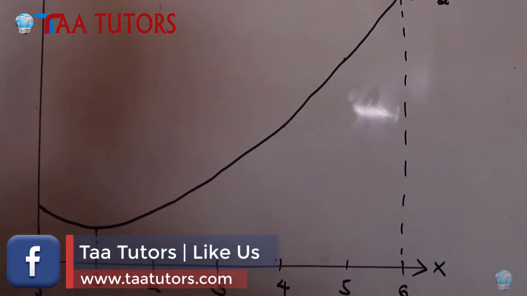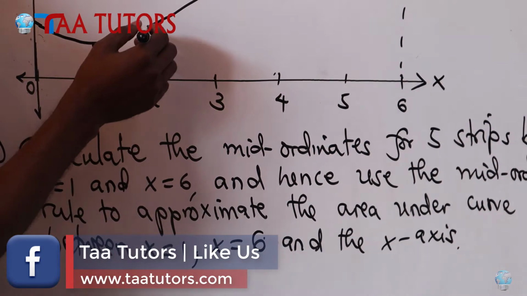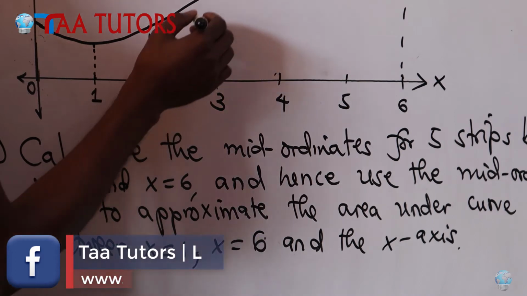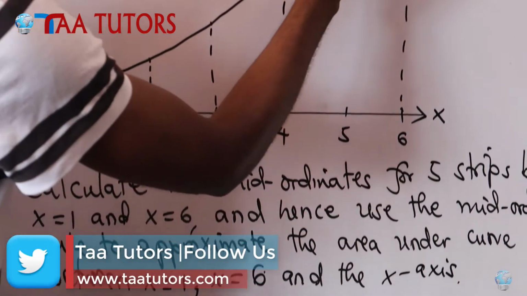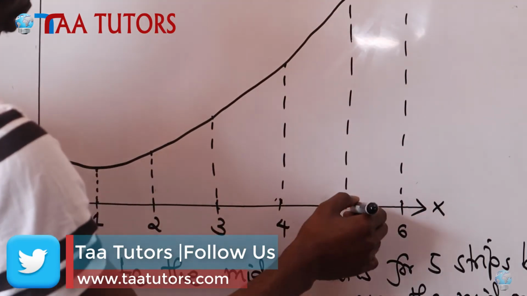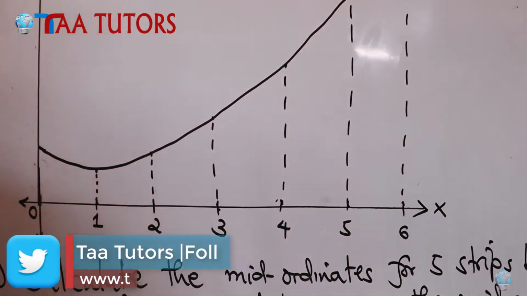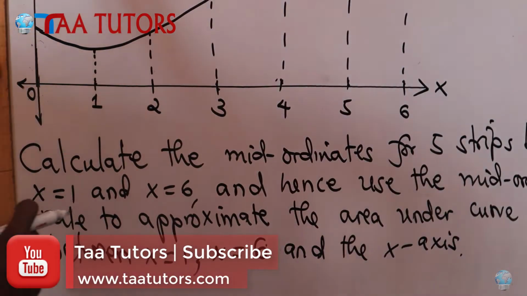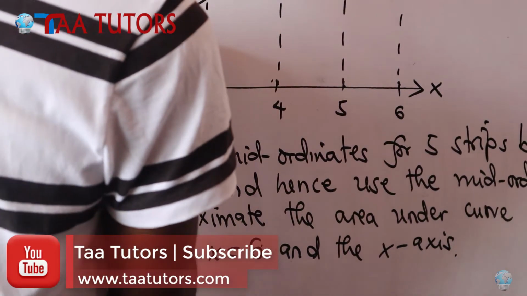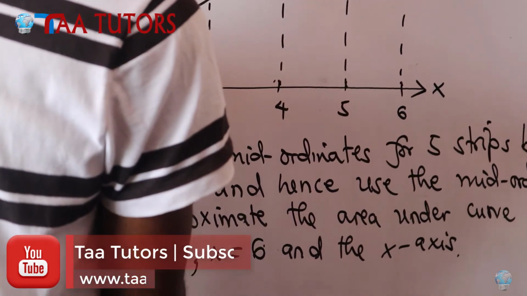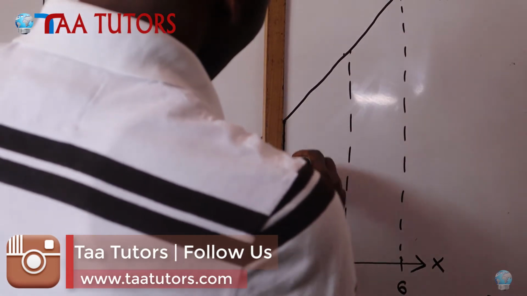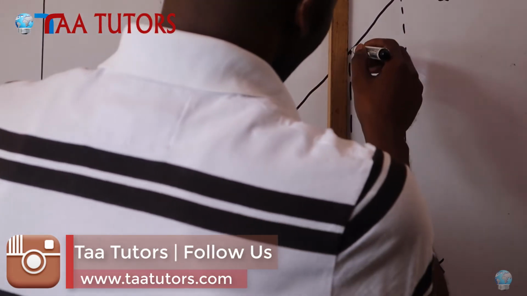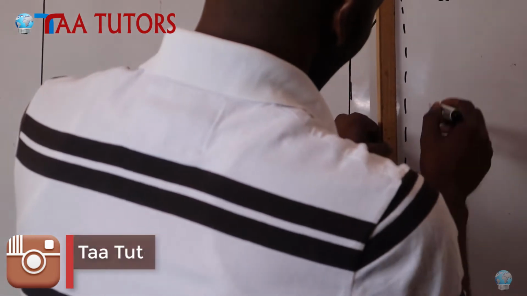We need to get the area under this region. We know we need 5 strips, so if you need 5 strips, these are the ordinates. But the question wants us to calculate the mid-ordinates.